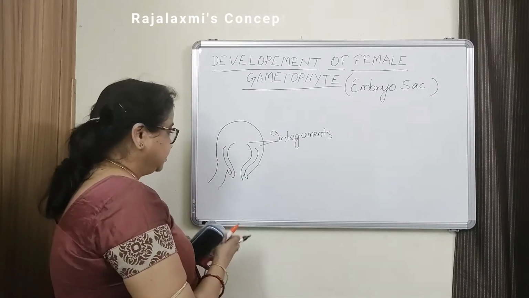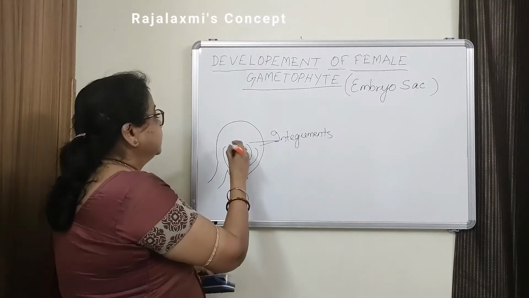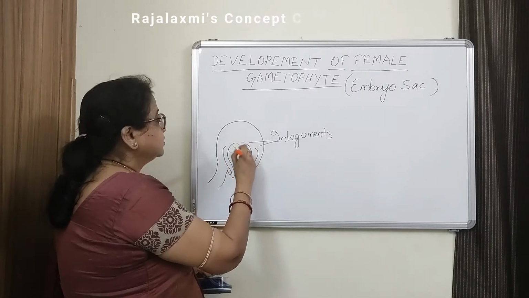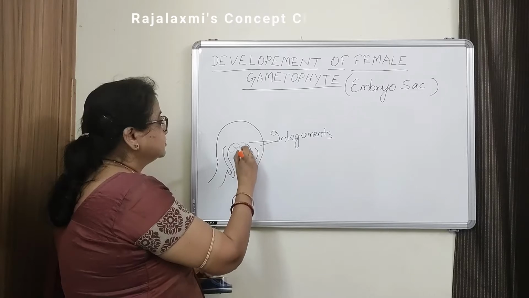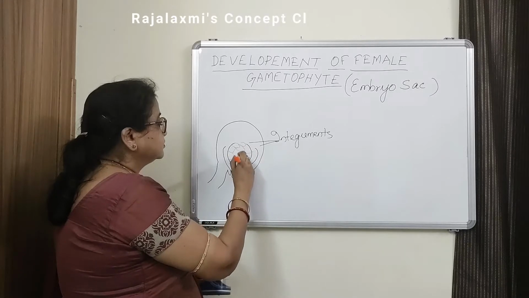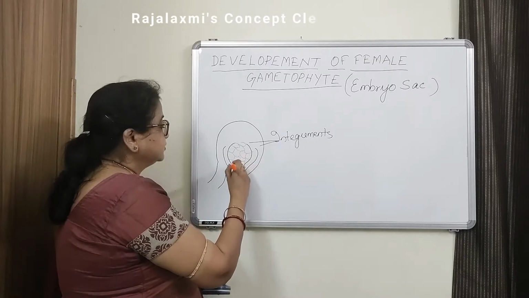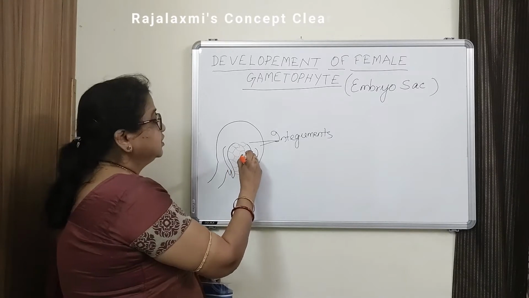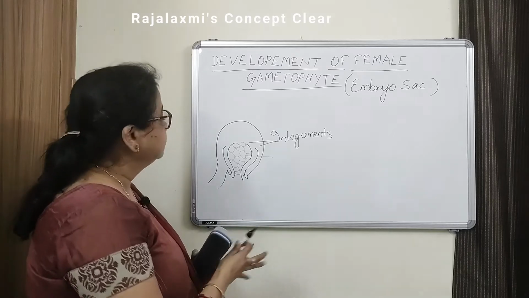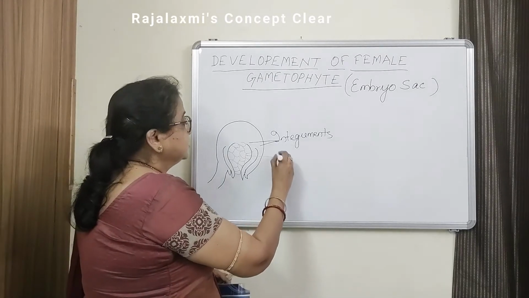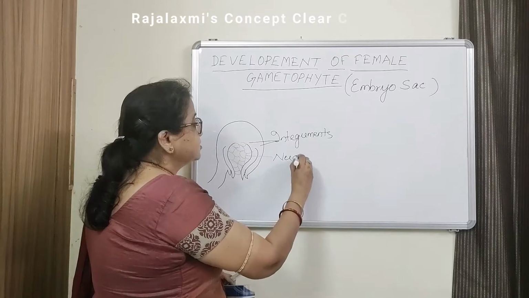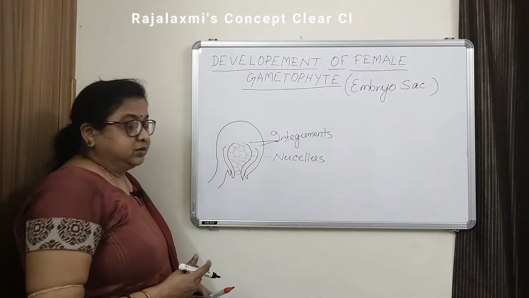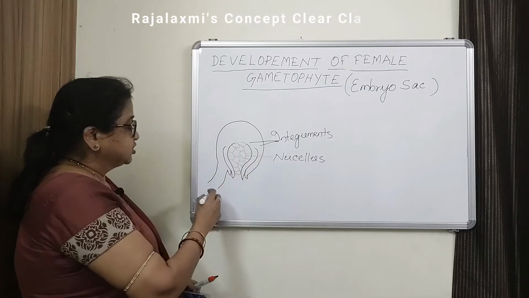And inside the integument there is a mass of tissue consisting of similar kind of cells known as nucellus. So basically the ovule has this type of structure.